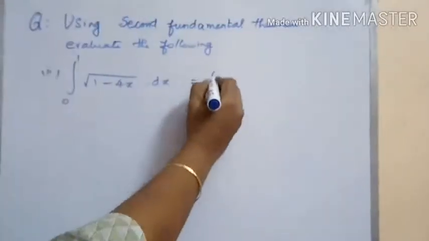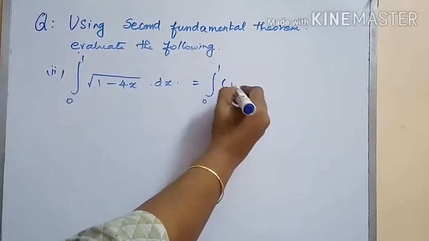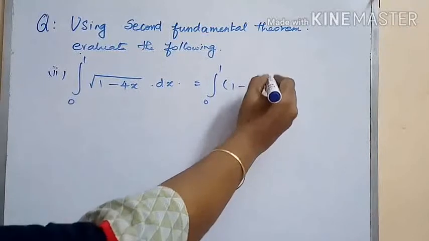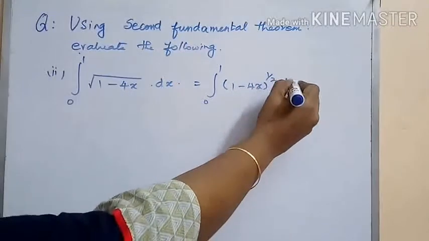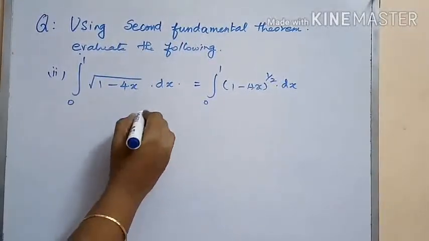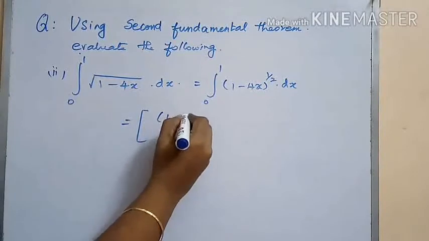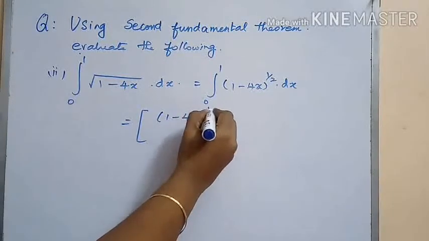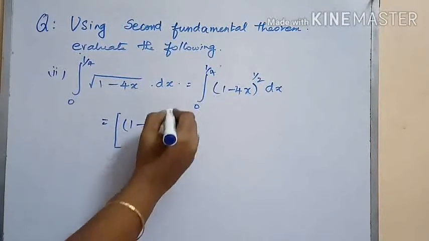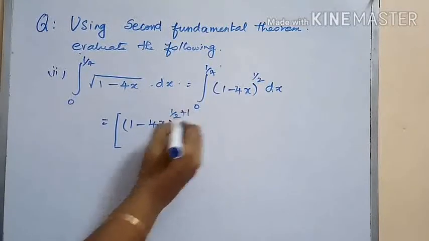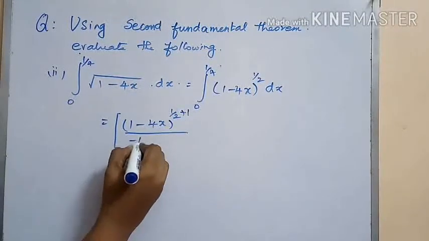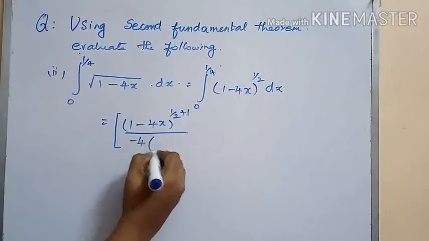So the next problem we have is integral 0 to 1 by 4 root of 1 minus 4x into dx. So it can be written as whole to the power of half. Integrating, we get 1 minus 4x whole to the power of half plus 1 by minus 4 into half plus 1.